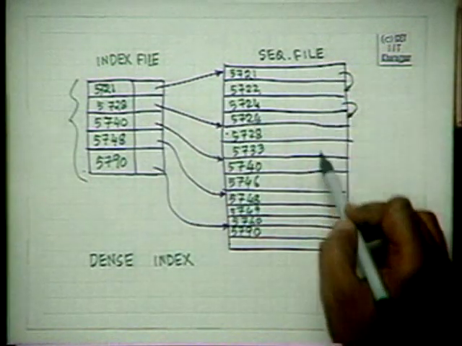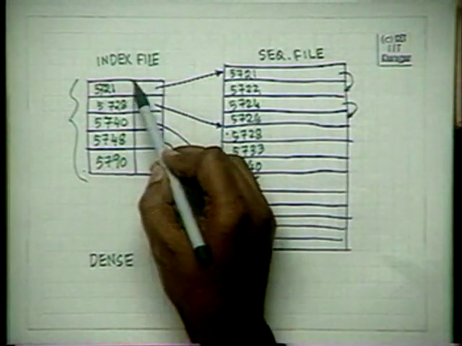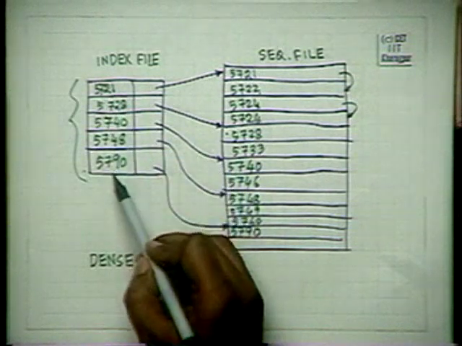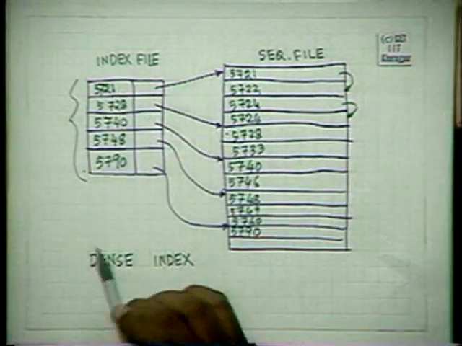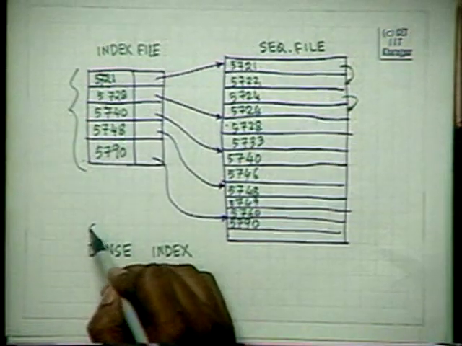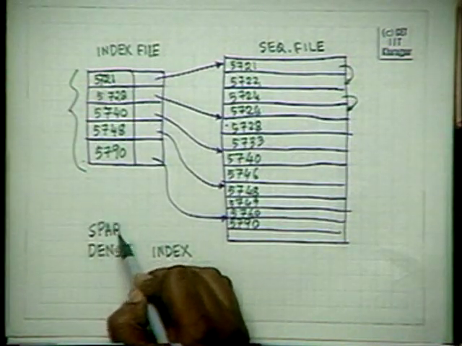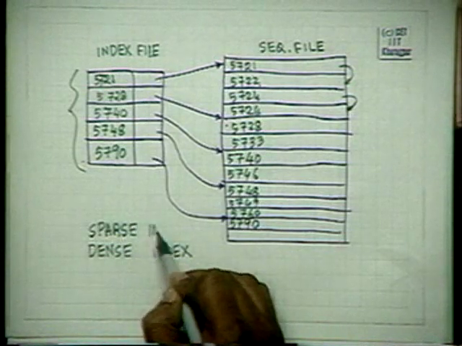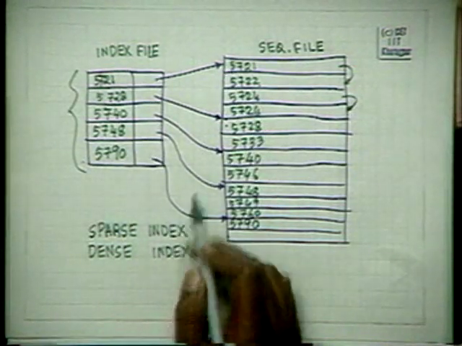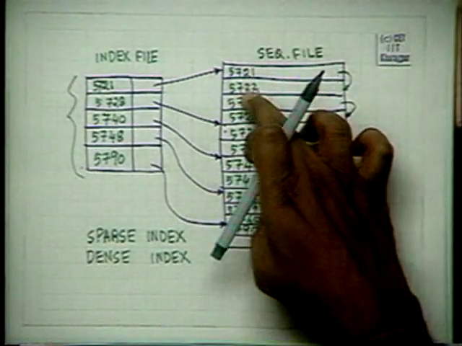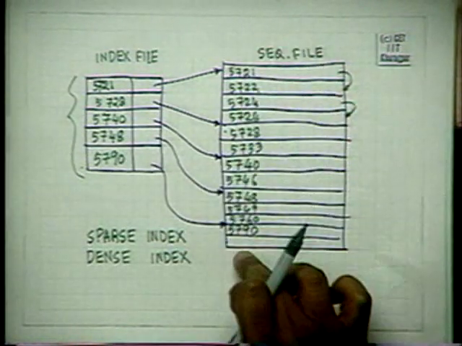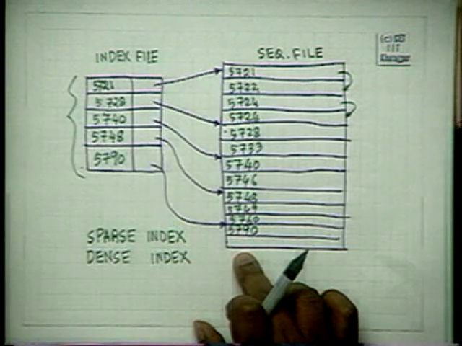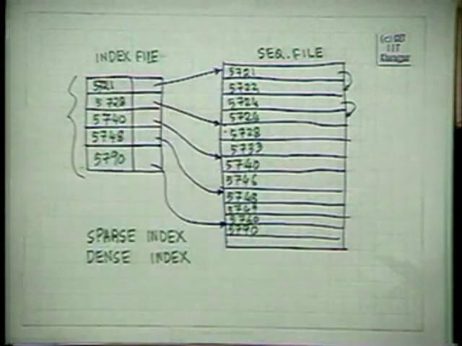It is organized sequentially according to this. What we have here is what is called a sparse index, in the sense that all the values of all the attributes on which the indexing is done are not present here.